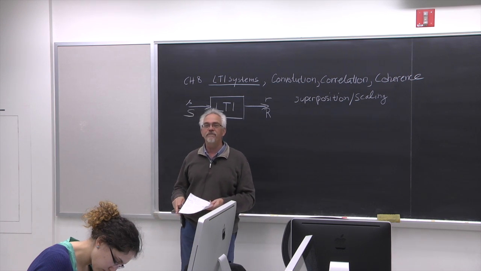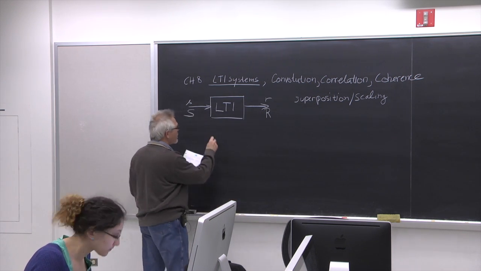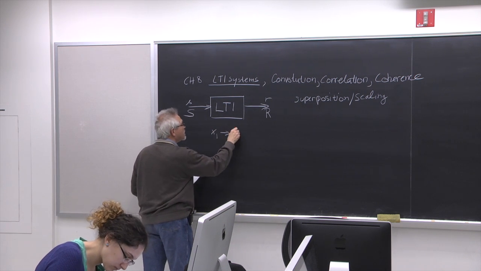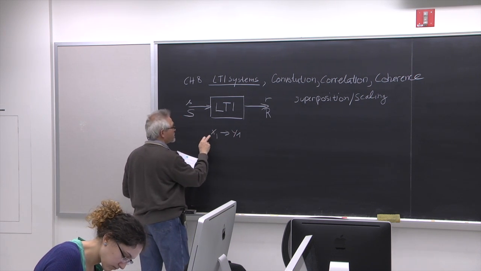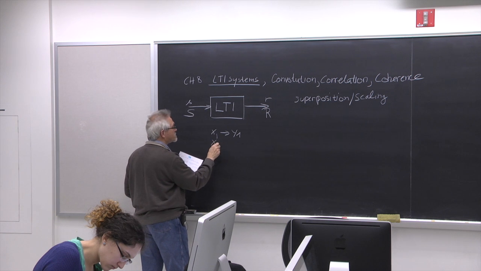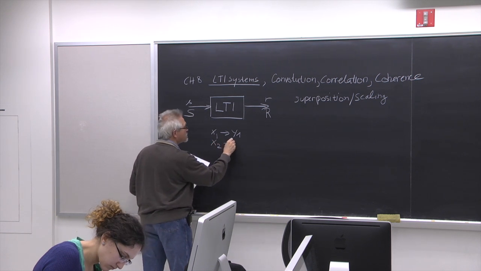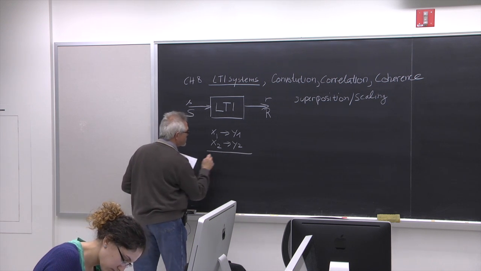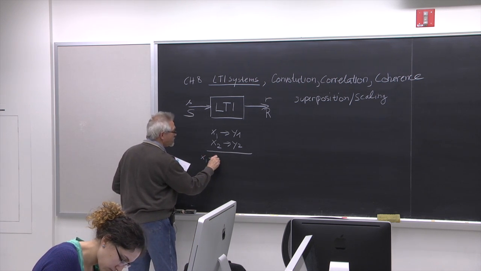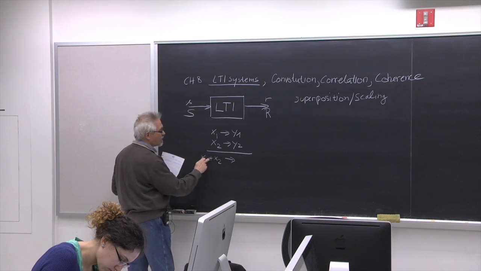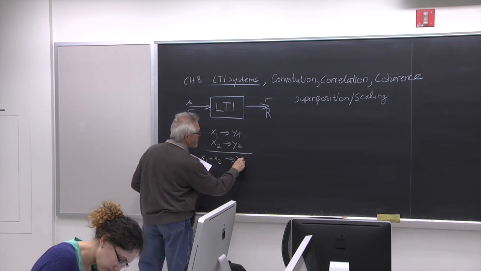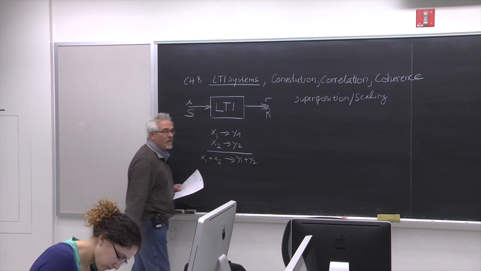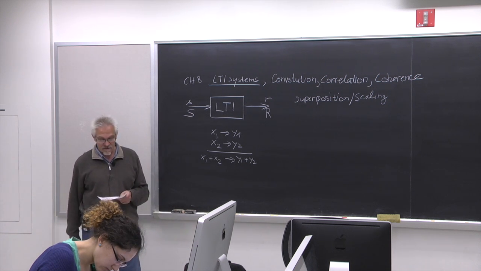Superposition means if I have stimulus x1 giving response y1 and x2 giving response y2, then if I give it a stimulus x1 plus x2, my response will simply be y1 plus y2. So it's a very simple system.